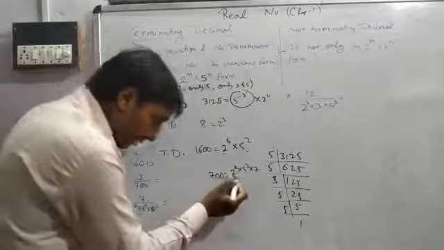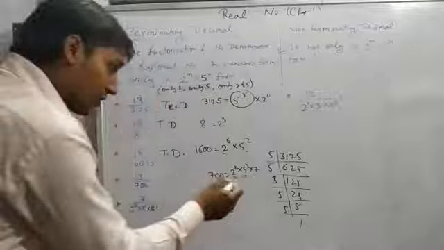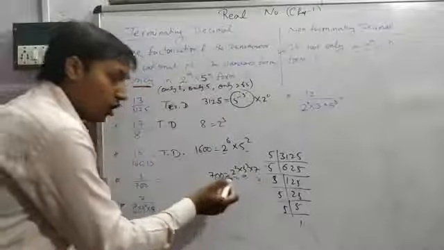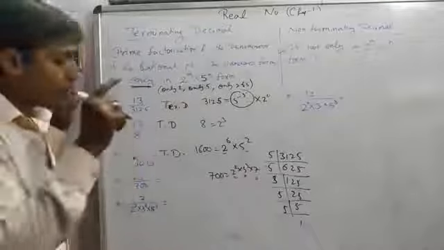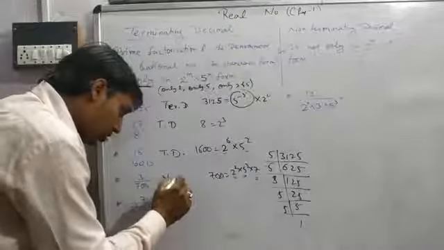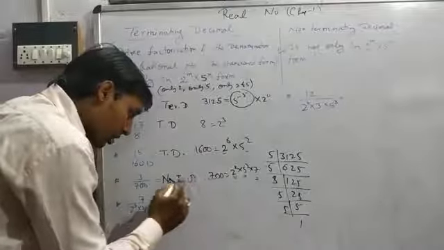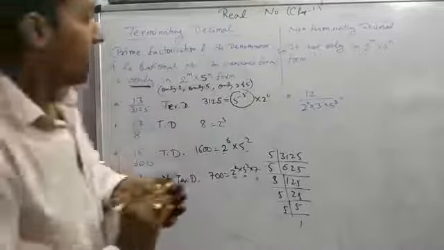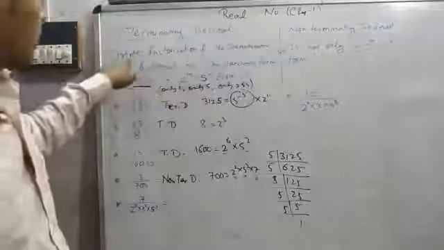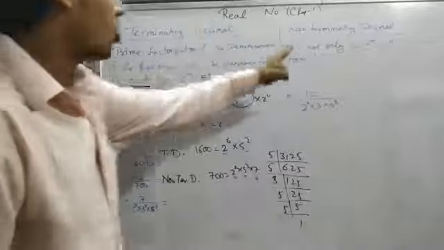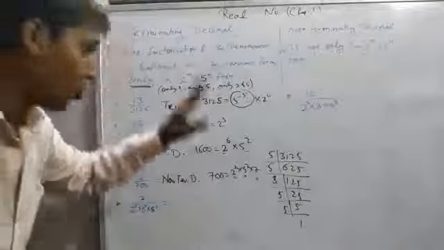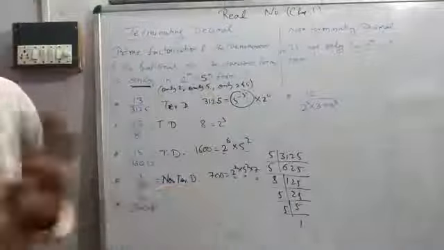So 2 and 5 both are included here, but with the 7. If only 2 and 5, it is terminating, but it is not only 2 and 5, so it is a non-terminating decimal. So if the prime factorization of the denominator is not only in the form of 2 to the power m into 5 to the power n, then it is a non-terminating decimal.